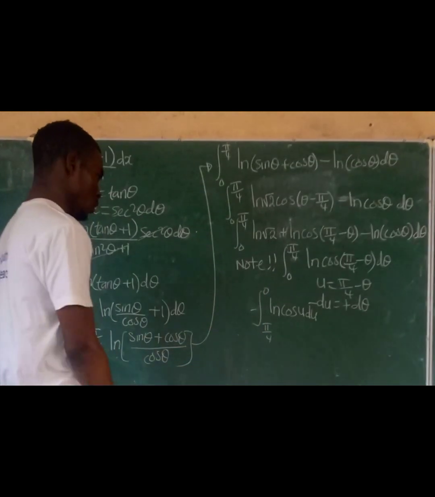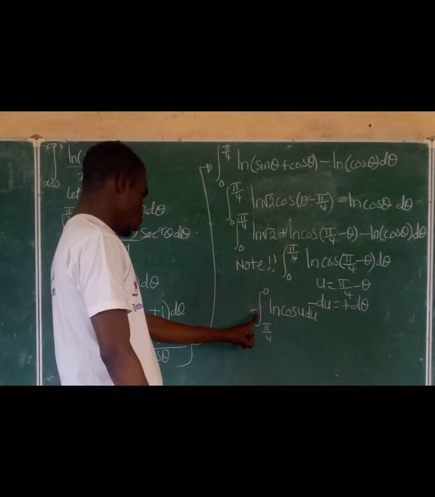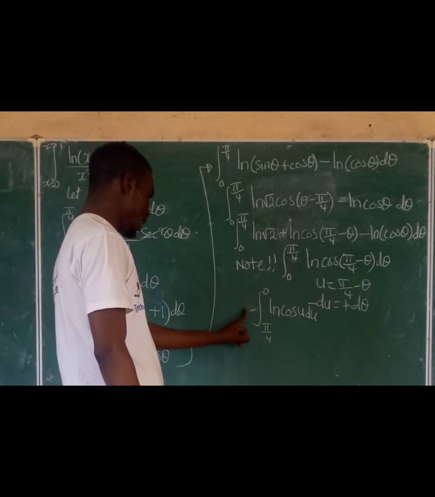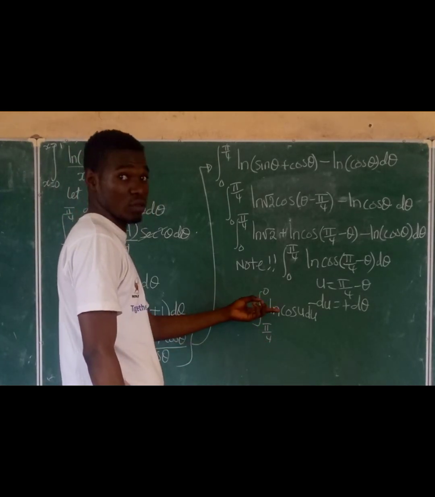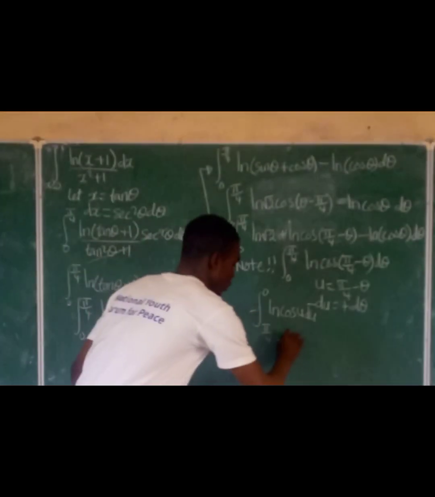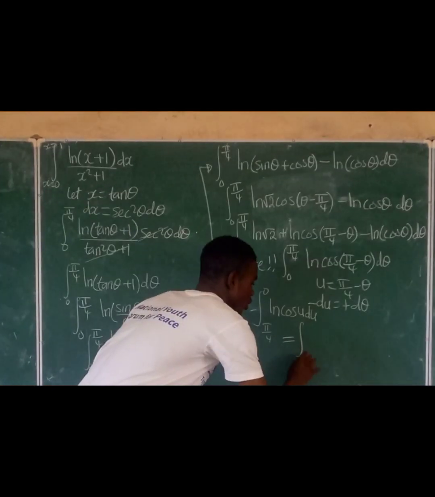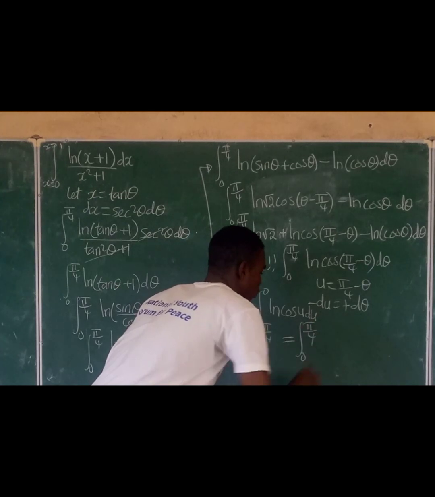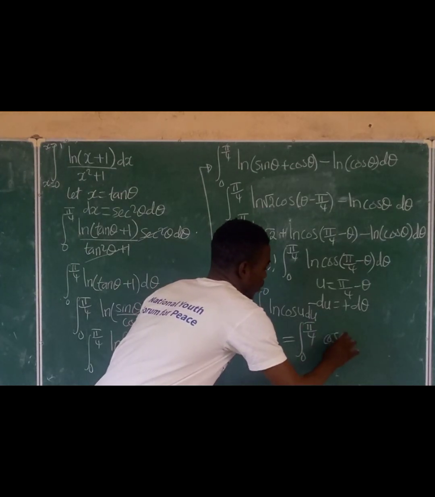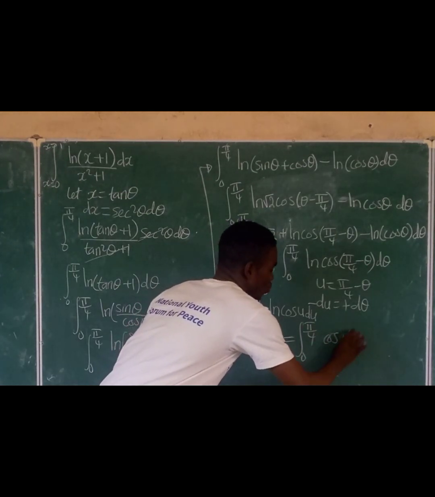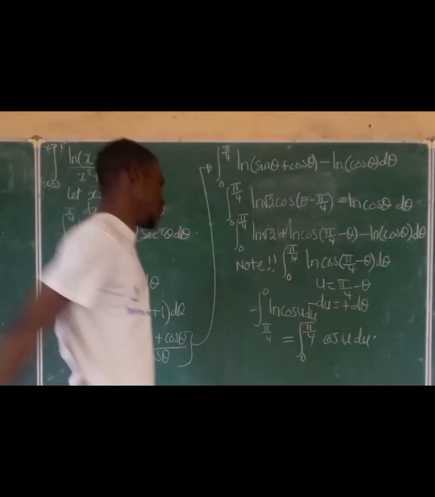So I can use this negative sign now to flip the limits of integration. Right? I can flip it. Therefore, I'm now going to have the integral from 0 to pi over 4 of the natural log of cosine of u du. Great.